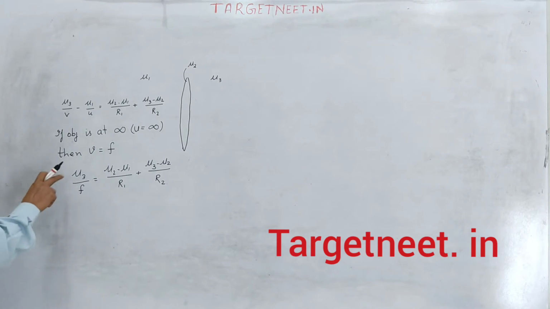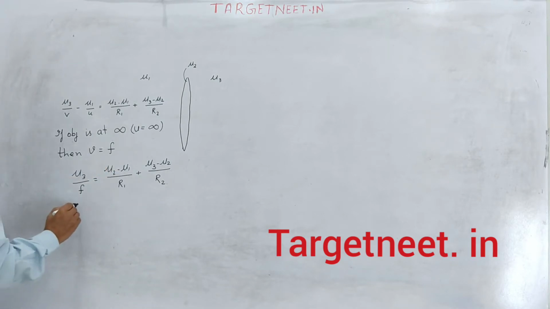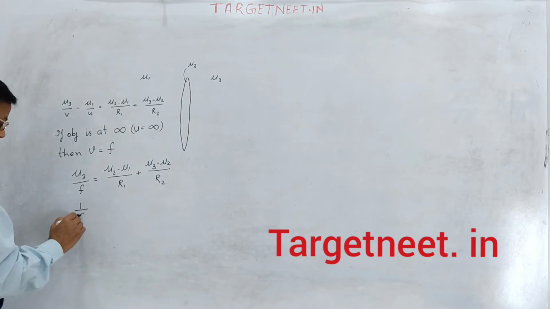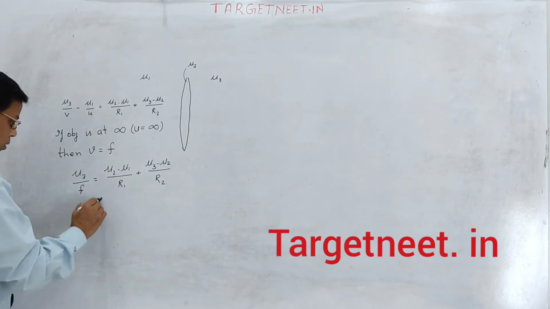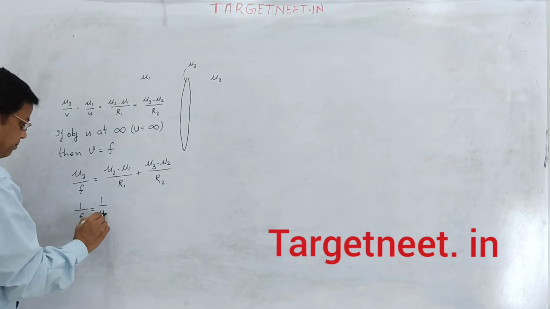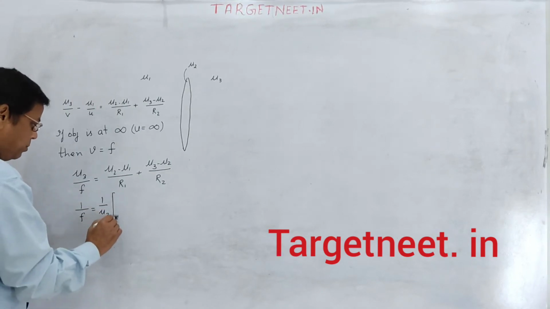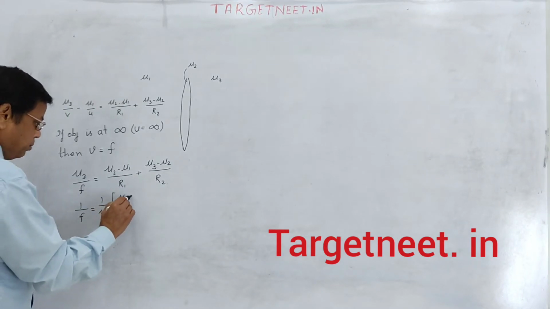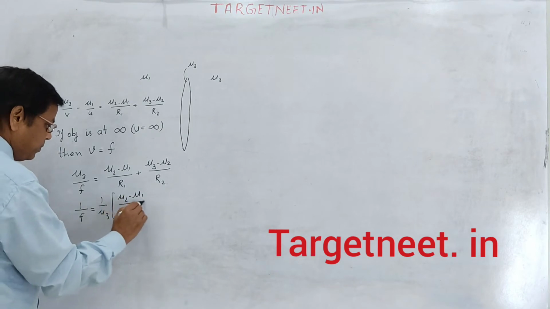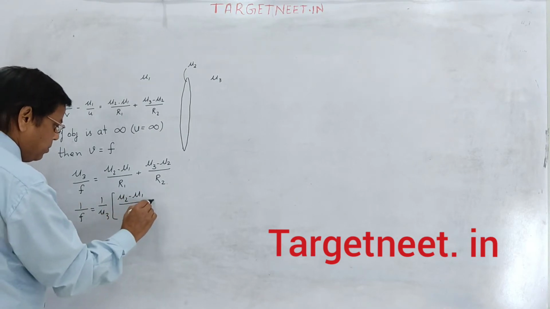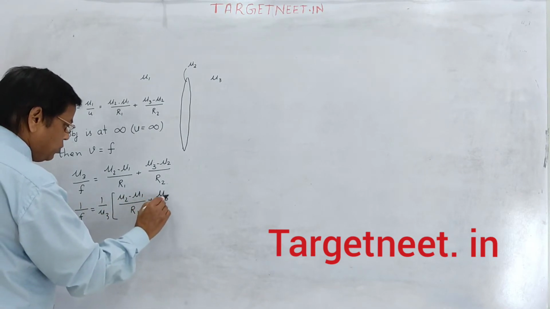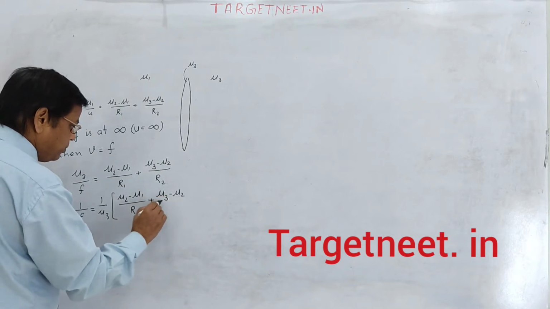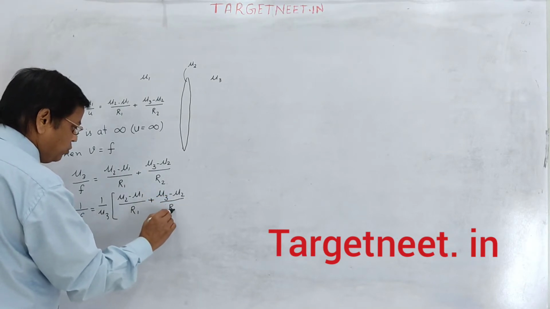So if you want to find the focal length, that is 1 upon f, you have to move mu3 to this side and then simplify it. So I can write it like this also: 1 upon f is 1 upon mu3 whole multiplied by mu2 minus mu1 upon R1 plus mu3 minus mu2 upon R2.